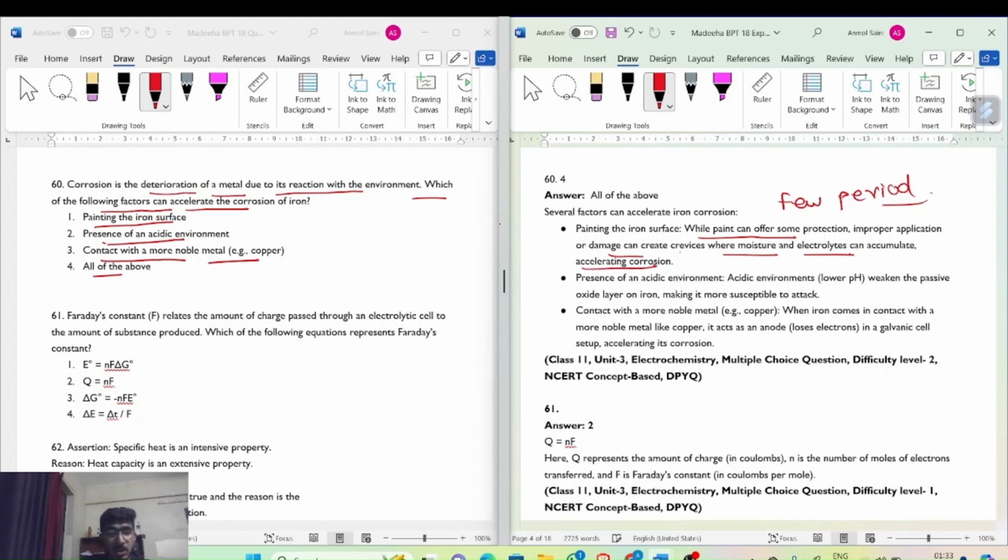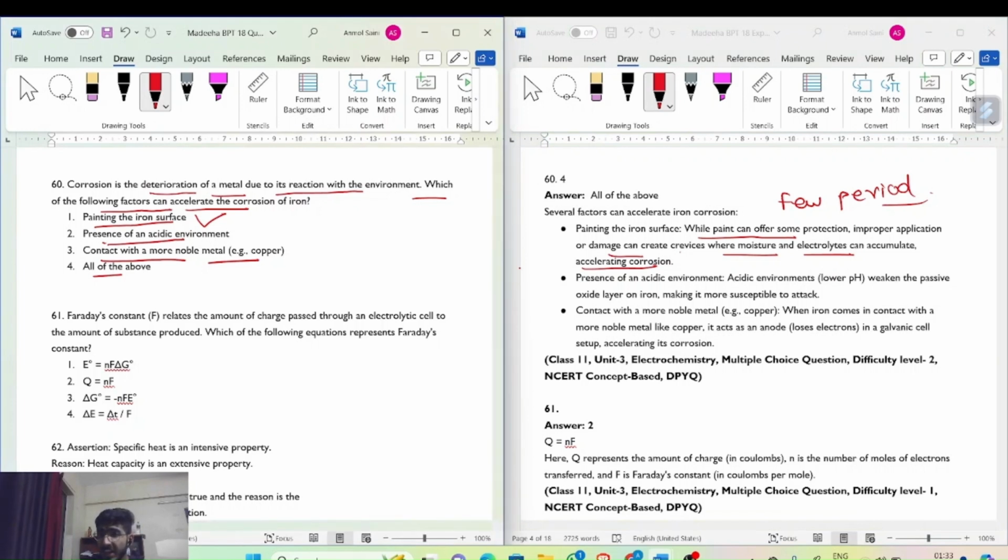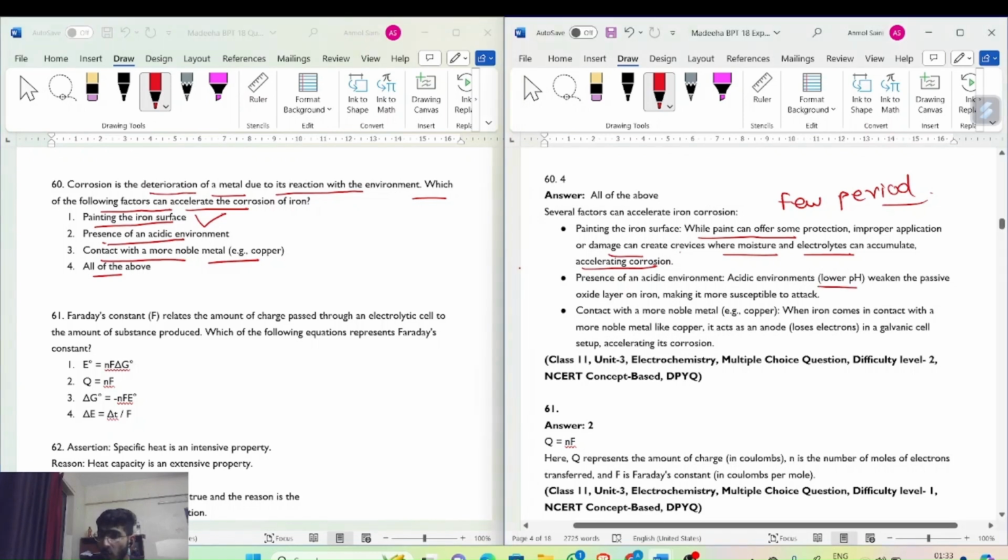So painting will accelerate the corrosion. Now second, the presence of an acidic environment. It will have a lower pH, so it weakens the passive oxide layer on iron, making it more susceptible to attack. So more compounds can attack there and the corrosion rate will be higher. So it will also accelerate corrosion.